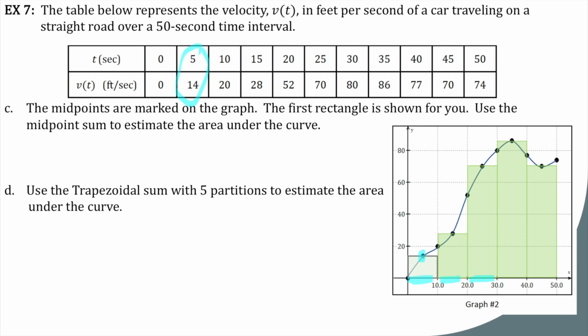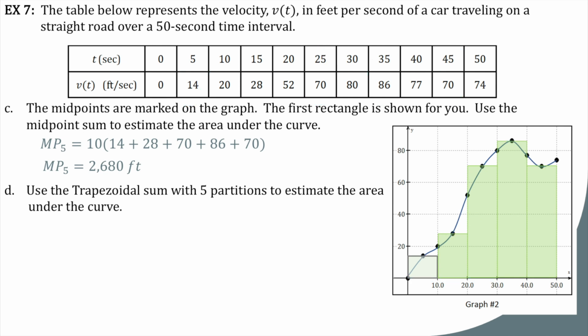So 14, and then 28, 70, 86, and then 70 again. So the area of the midpoint sum, if we figure that out, is 2,680. Unsurprisingly, that's between the left-hand sum and the right-hand sum.